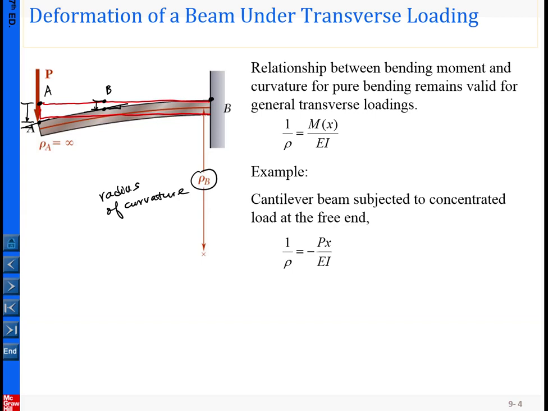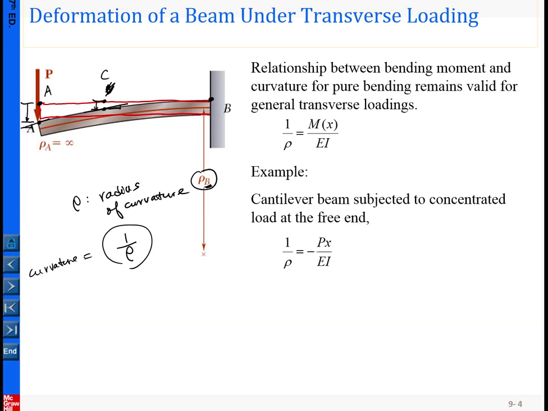So 1 divided by rho, where rho is the radius of curvature at a particular point, here point C, and this gives us what we call the curvature. That is the geometric information.